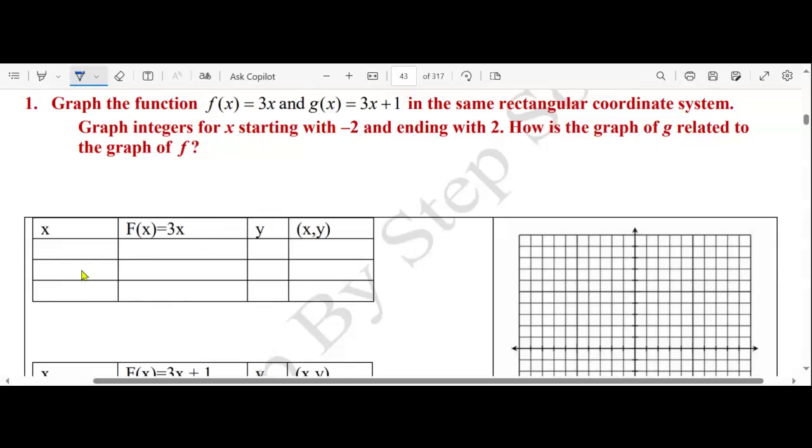Okay. I'm gonna use 0, I'm gonna use -1, I'm gonna use 1. If x is 0, how much is y? 0. Correct. So your point is what? 0, comma 0. So that's the first point.